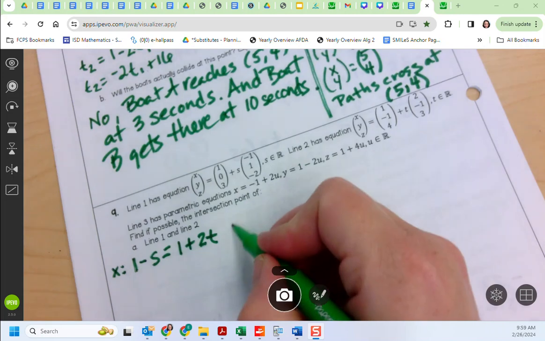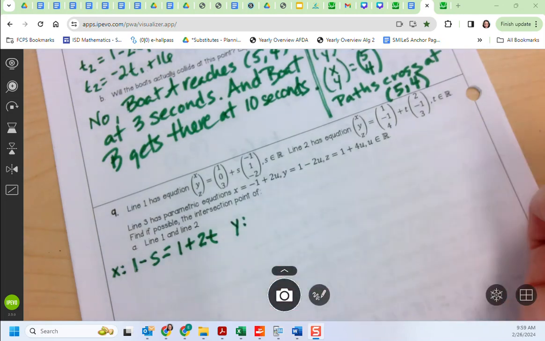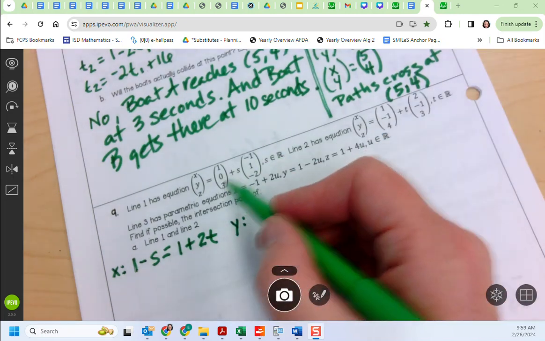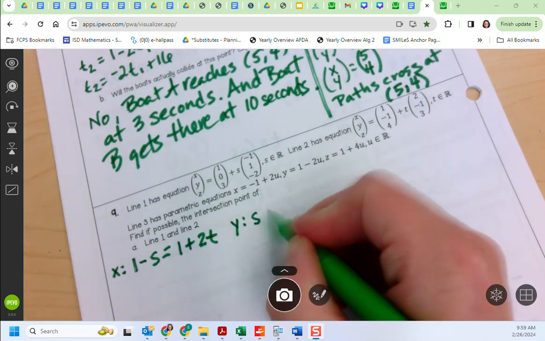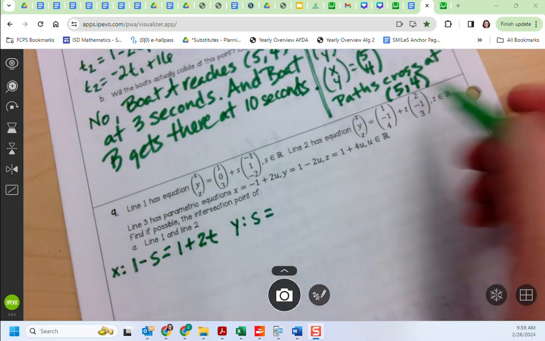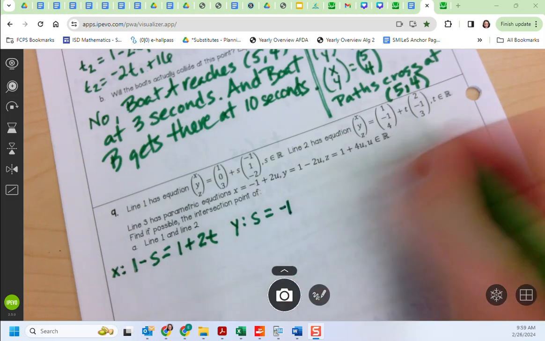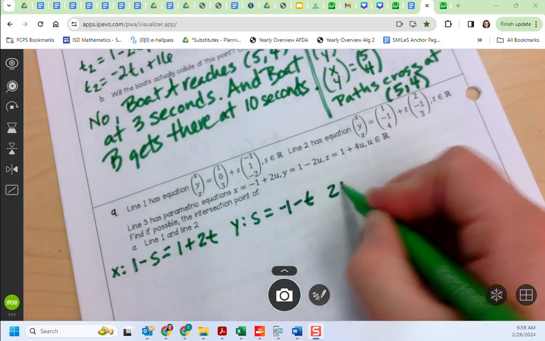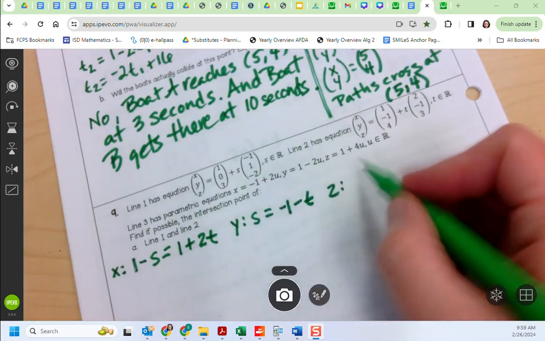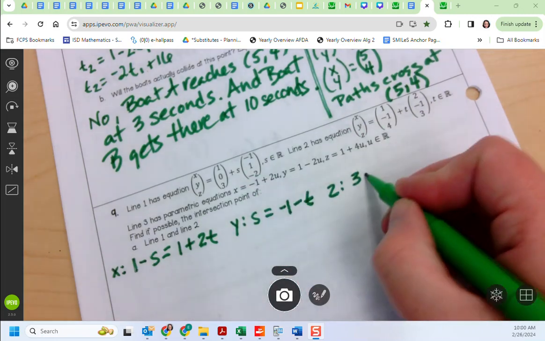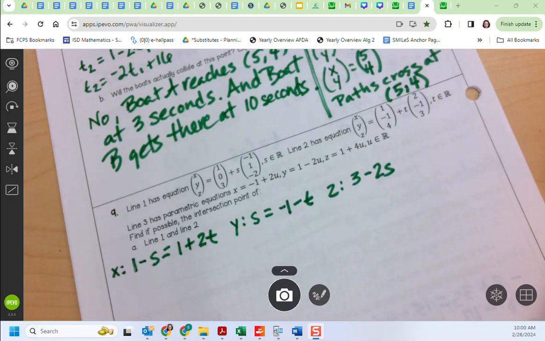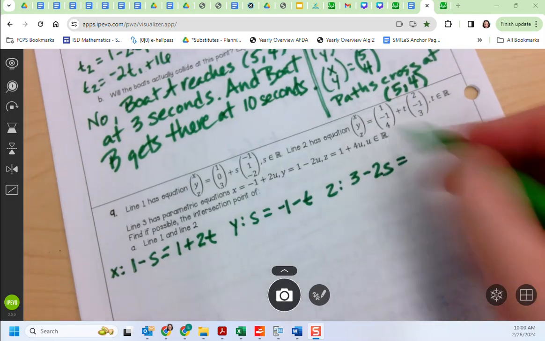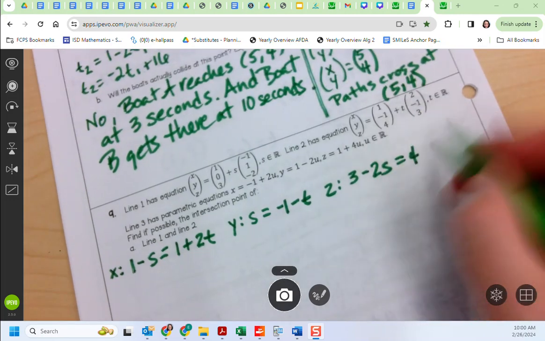And then for y, it would be 0 plus s, so just s, equals -1 minus t. And then for z, 3 minus 2s equals 4 plus 3t.